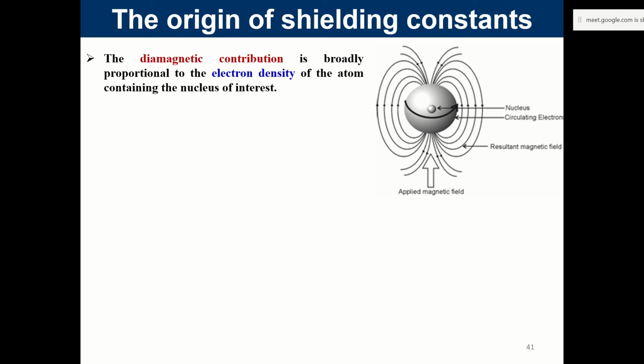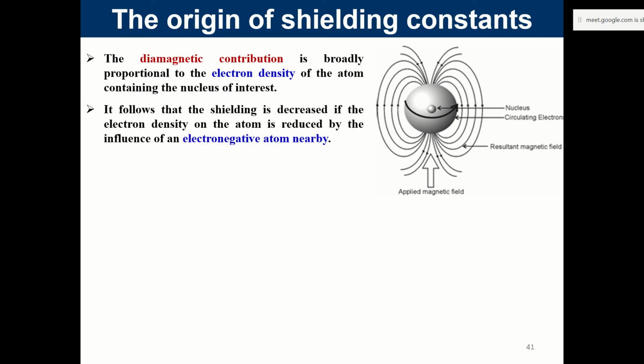So the diamagnetic contribution, we already discussed, involves electrons. We discussed this part, that if you attach an electronegative atom, then it withdraws these electrons.